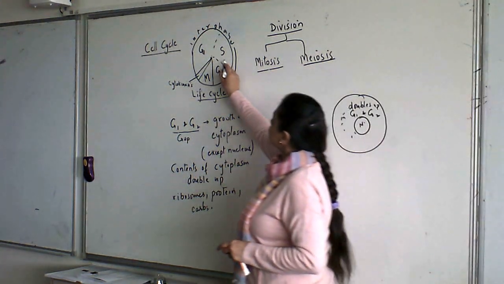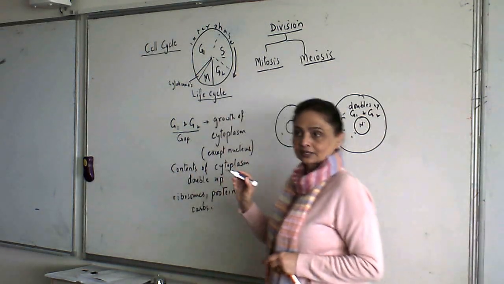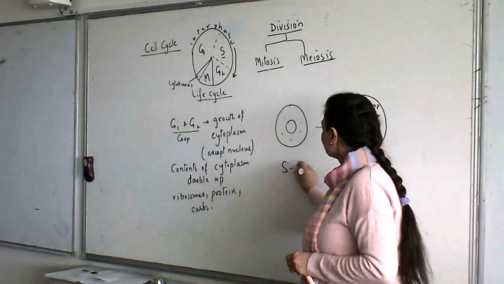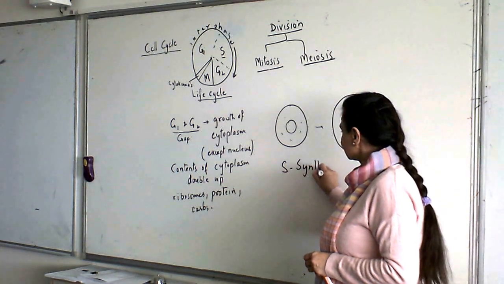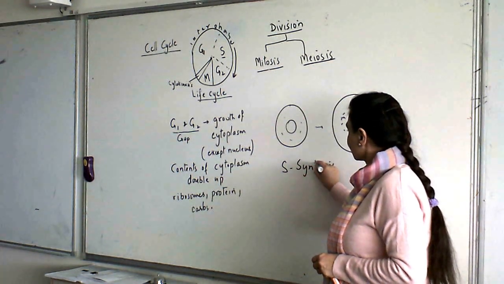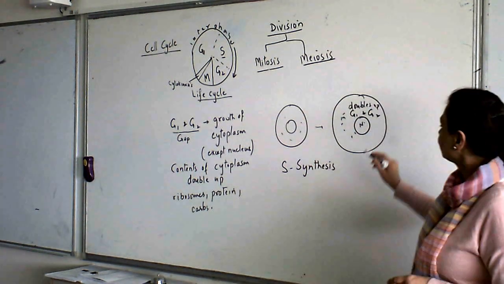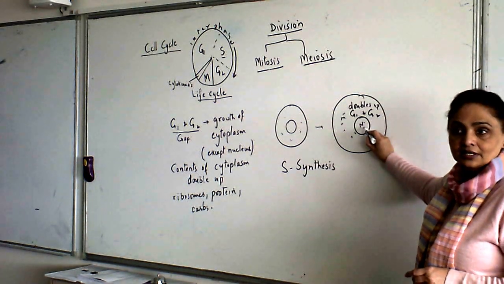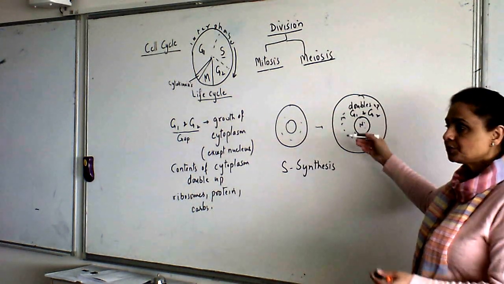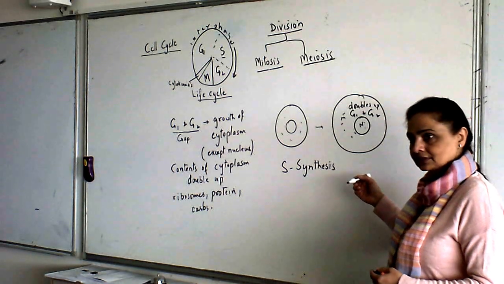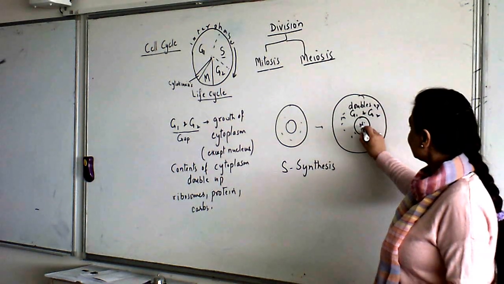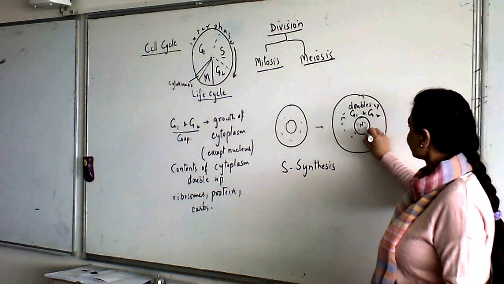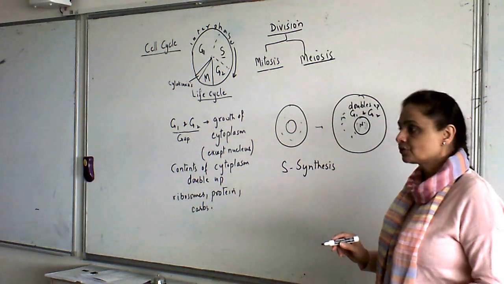Now, what happens during S phase? S stands for synthesis. And synthesis is about what happens inside the nucleus. Now, what's present in the nucleus? What's in here? DNA on the chromosomes.